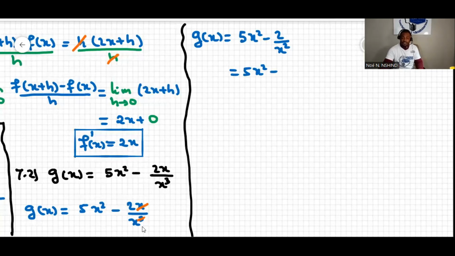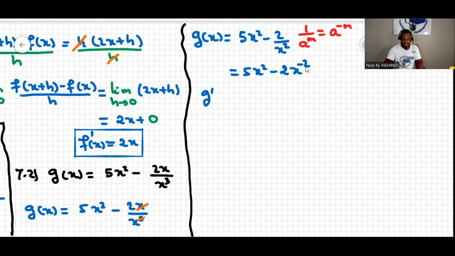I prefer to use the law of exponents. So this is going to be 2x to the power of negative 2. Why? Because one of the laws of exponents says that 1 over a to the m is equal to a to the negative m. So then 2 over x squared will be 2x to the negative 2. Now I can differentiate the function.